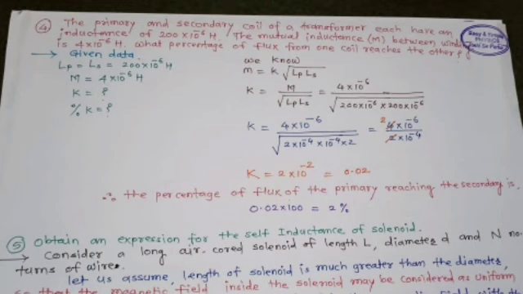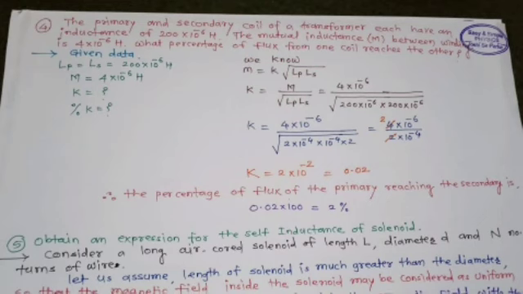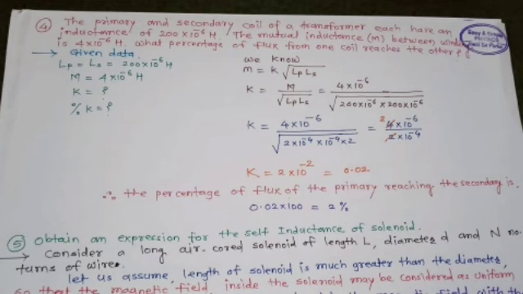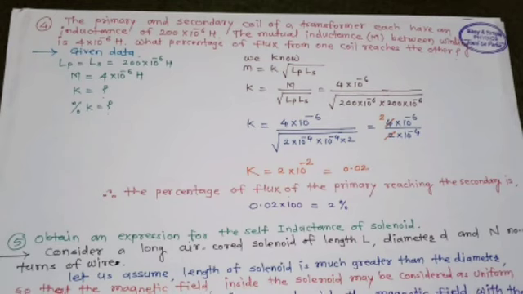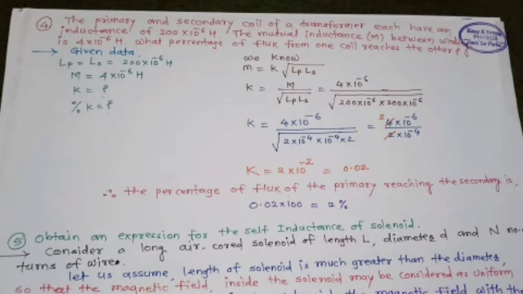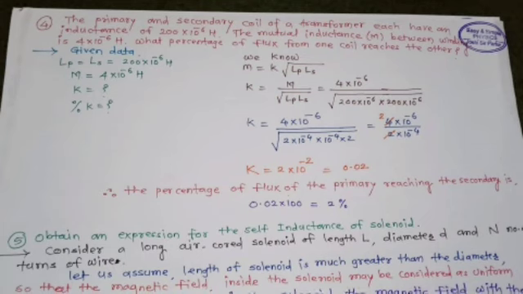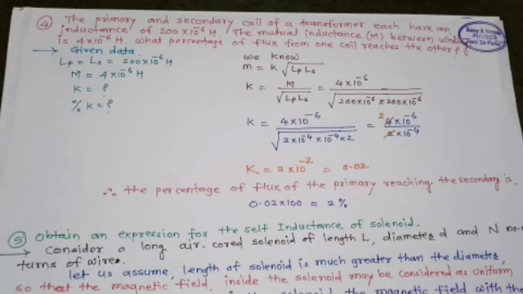Question number 4. The primary and secondary coils of a transformer each have an inductance of 200 into 10 raised to minus 6 Henry. The mutual inductance M between the windings is 4 into 10 raised to minus 6 Henry.